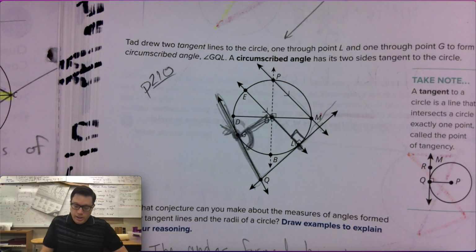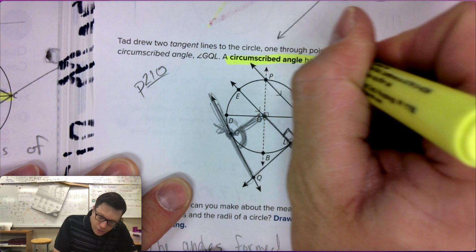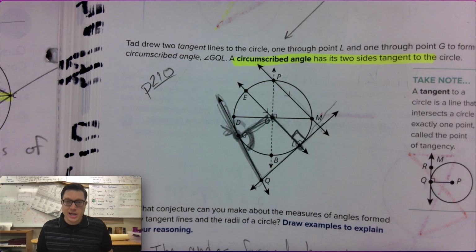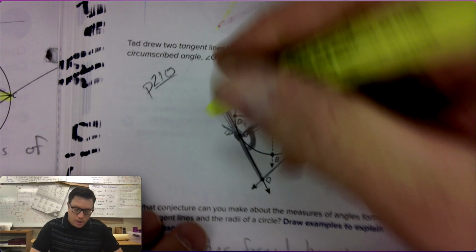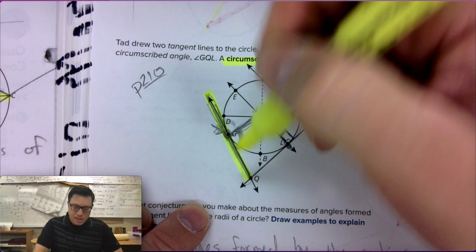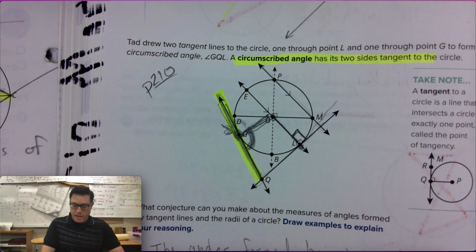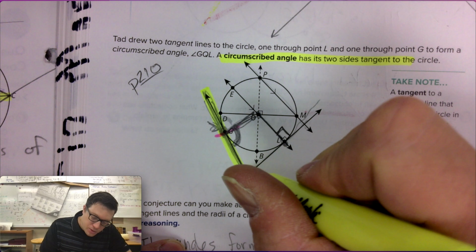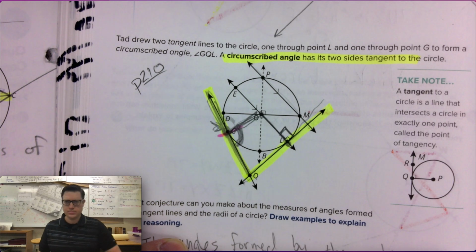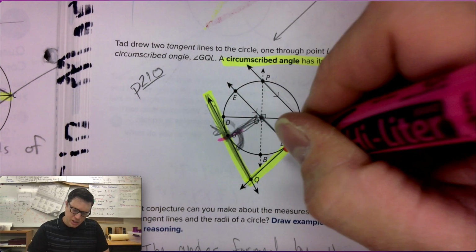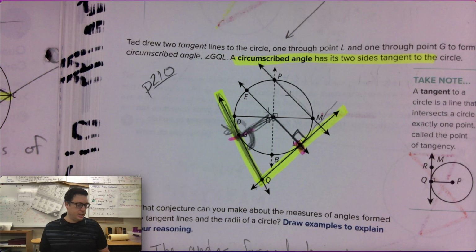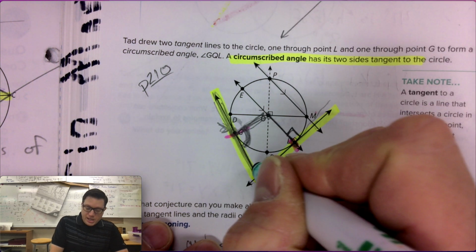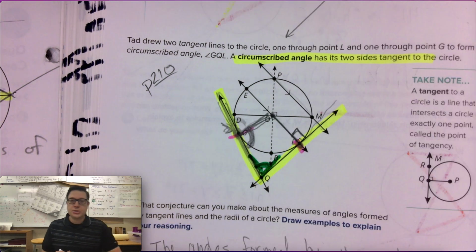Circumscribed angles are those that are created where 2 sides are tangent to the circle. To be tangent means you touch the circle with a line at only one spot. When you bring 2 of those tangent lines together, and they both intersect right here, this is a circumscribed angle.